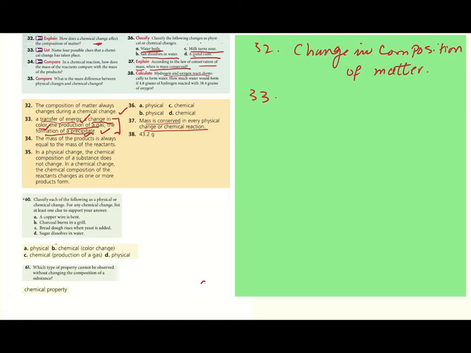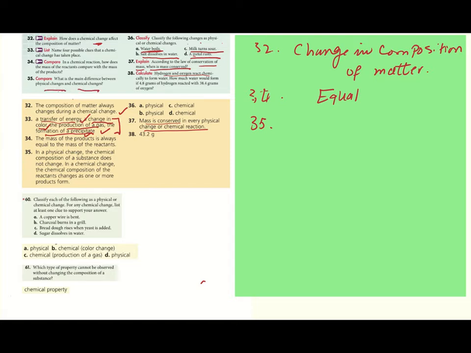Compare. In a chemical reaction, how does the mass of reactant compare to the mass of product? Mass of reactant always equals mass of product. So both of them are equal. 35. What is the main difference between physical change and chemical change?